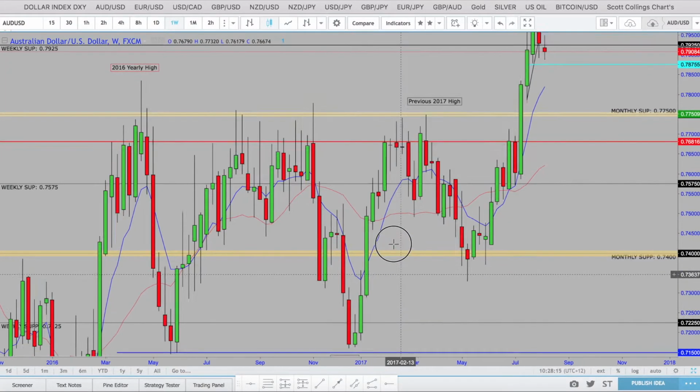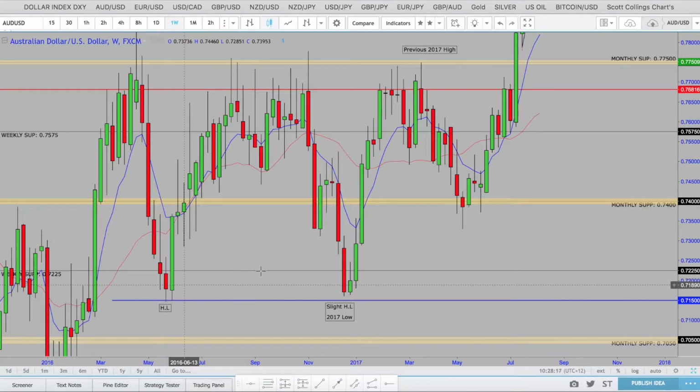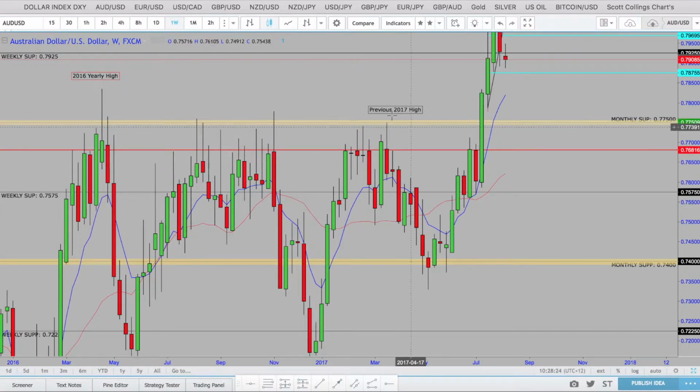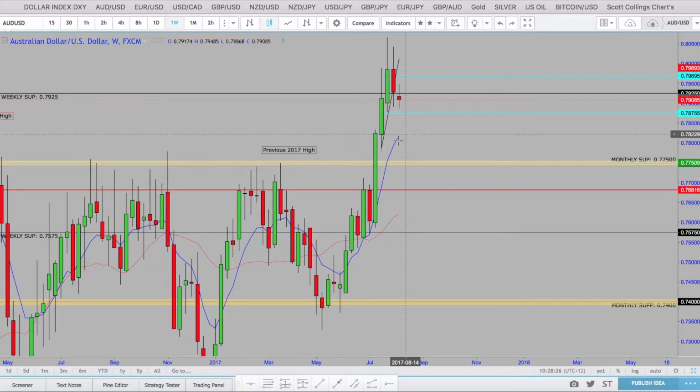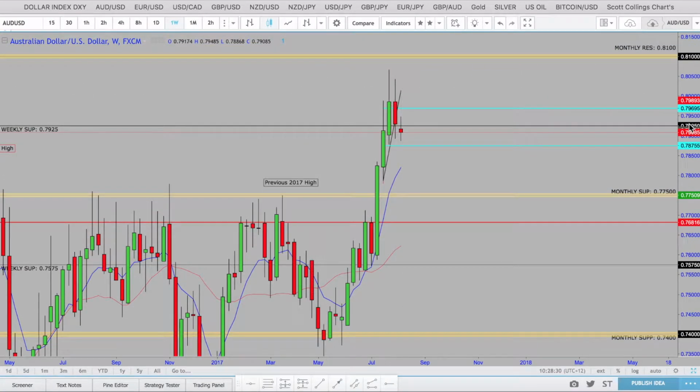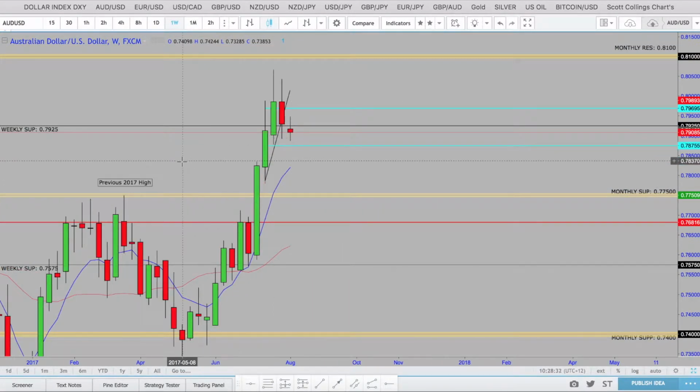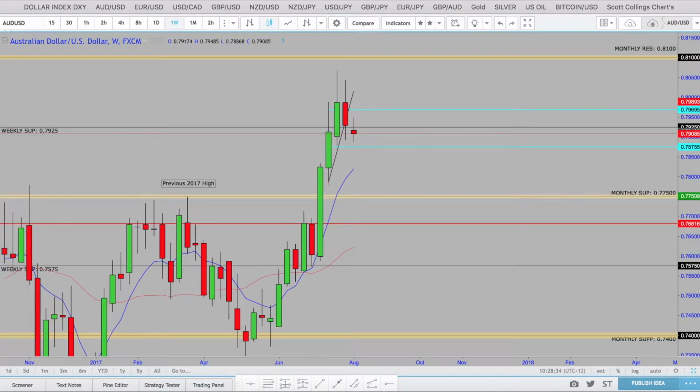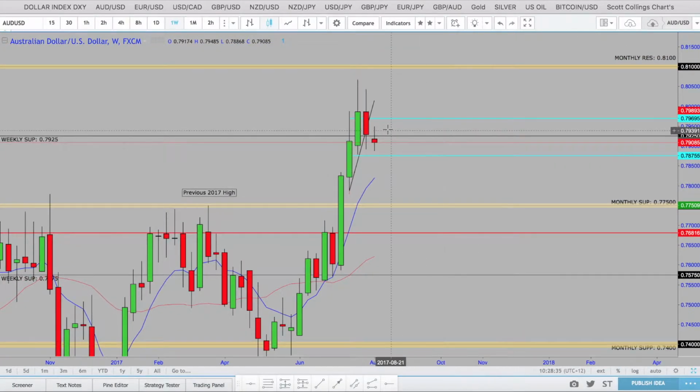Every time we banged our head against it, we made a slightly higher low each time. Therefore we built up pressure, and the pressure had been released on this explosive move in the past few weeks. But to continue this strong trend, we would like to see a pullback. I believe it would be nice to see a pullback towards this 77,500.